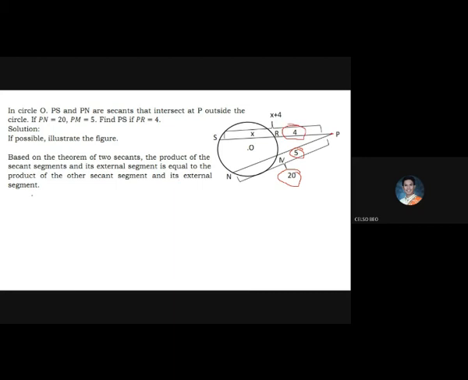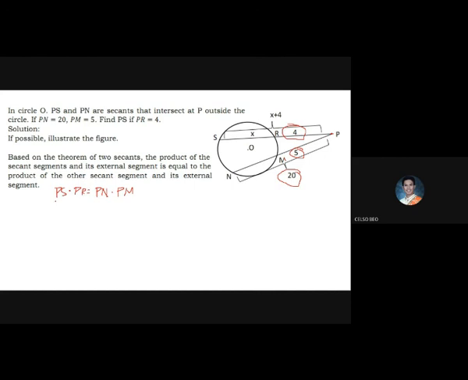So, una, gawa natin siya ng equation. Yung PS, okay, dahil secant line yan, that's theorem number 2. So, yung secant line, PS, multiply sa external secant, PR, ay equal daw siya sa PN, yung secant line, PN, times PM, which is yung external secant.